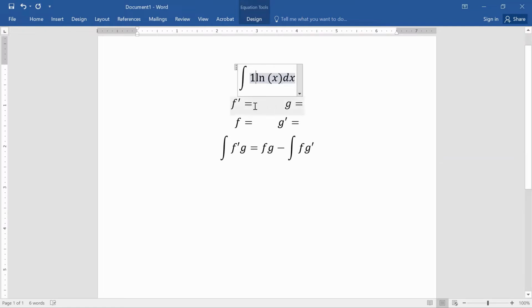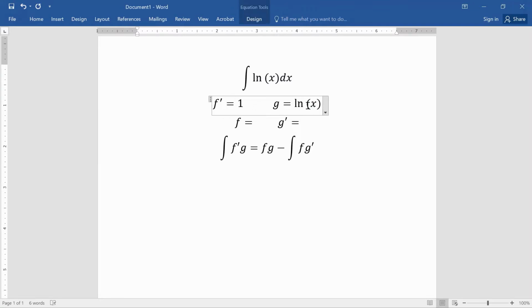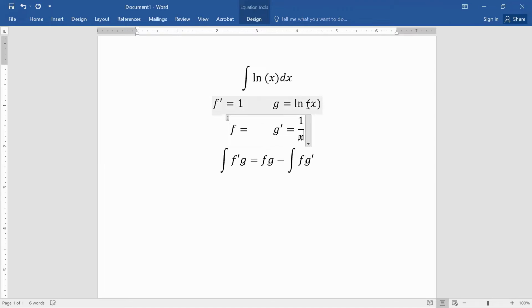So we let the number 1 be our polynomial, which means I'm going to set f prime to be equal to 1. g is going to be the natural log of x. g prime is obviously 1 over x. f, the antiderivative of 1, is 1x, or just x.